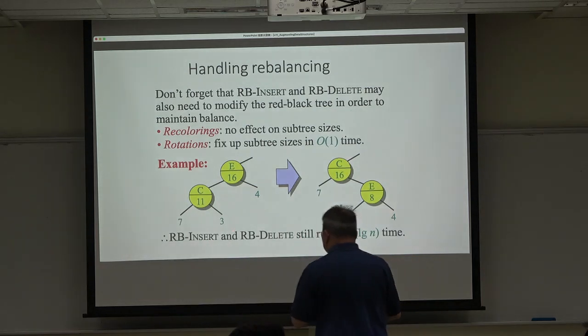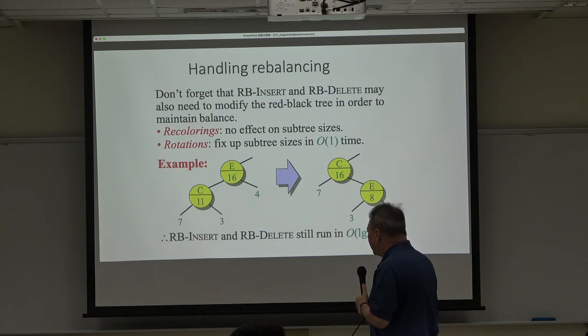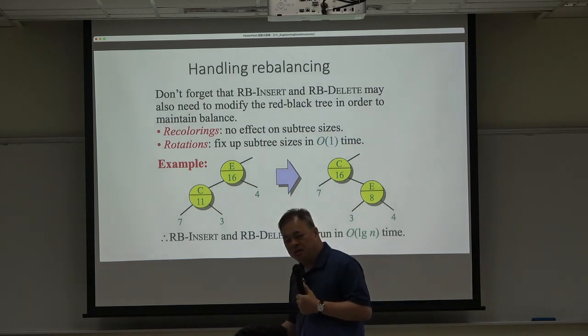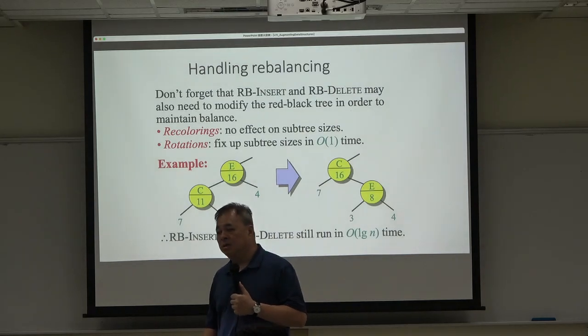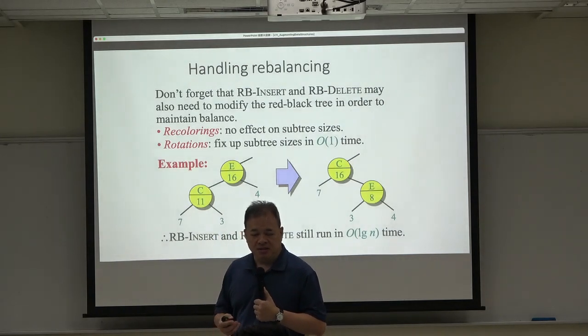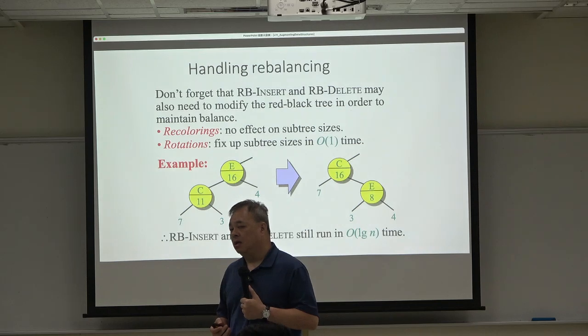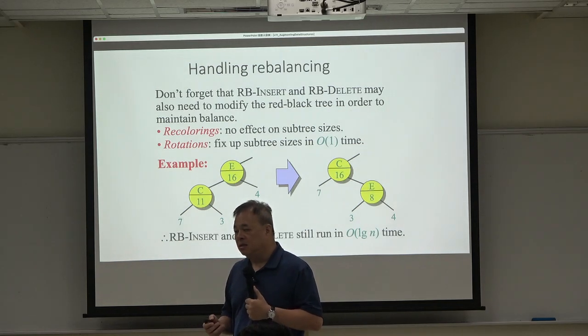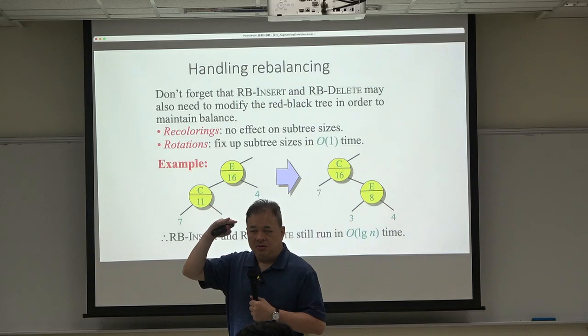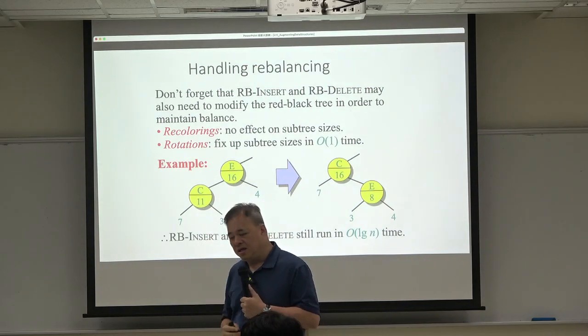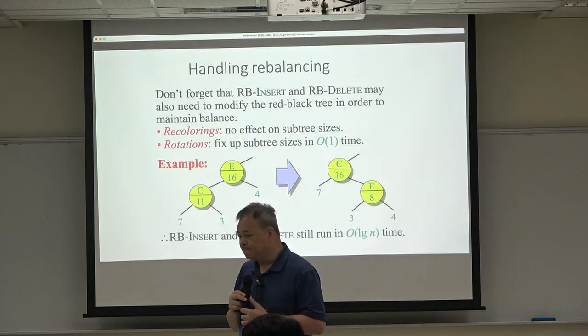So in other words, red-black tree insert and red-black tree delete are still in big O log n time if you are using them for the OS tree, for dynamic order statistics, where each node has additional size information.